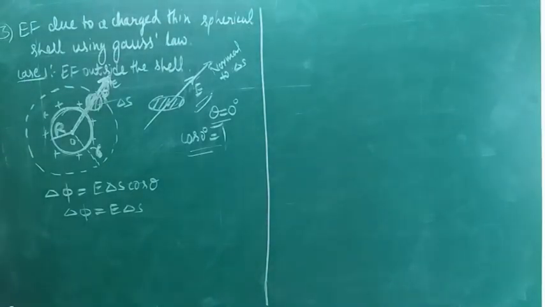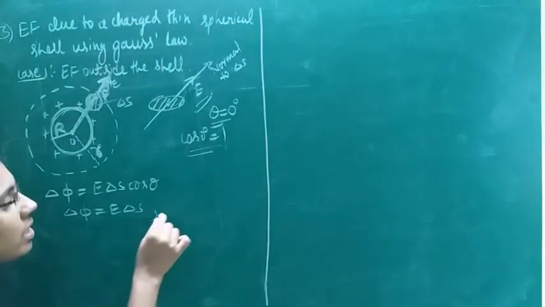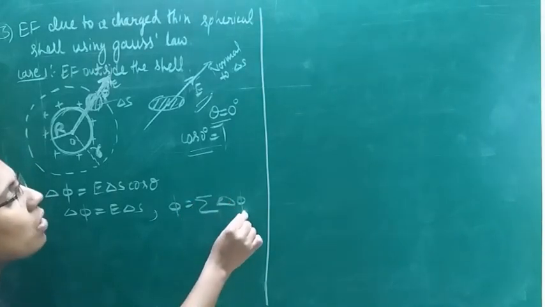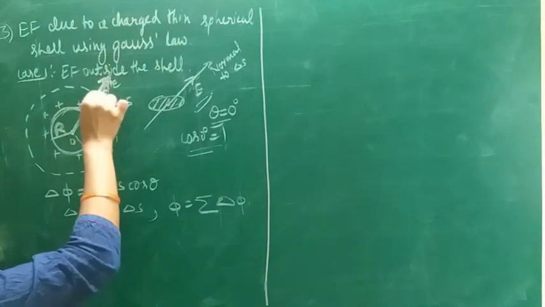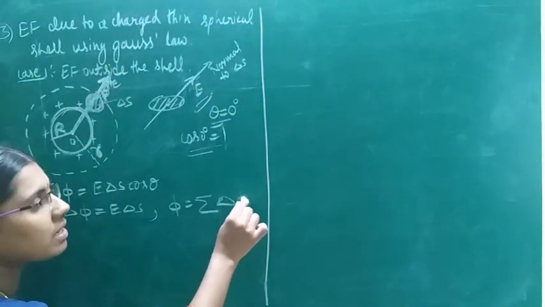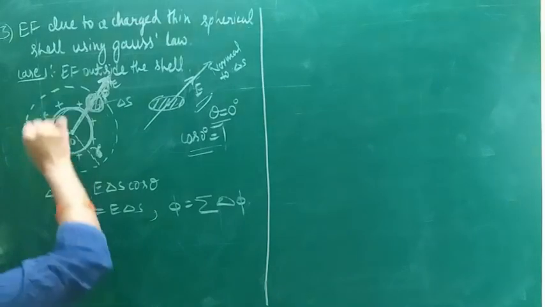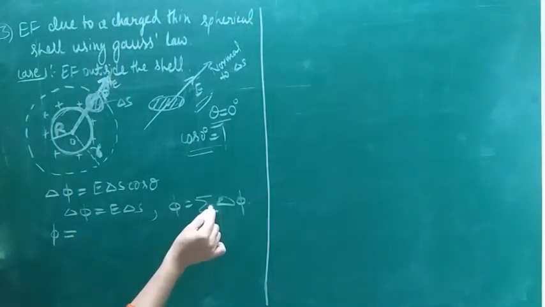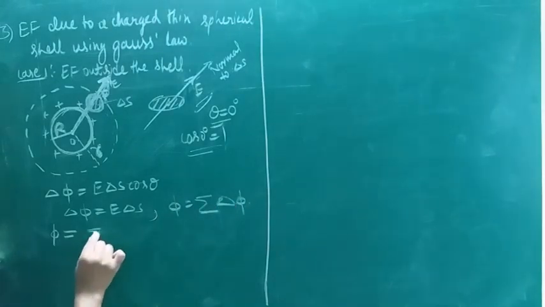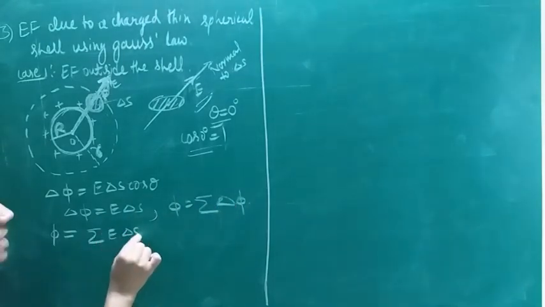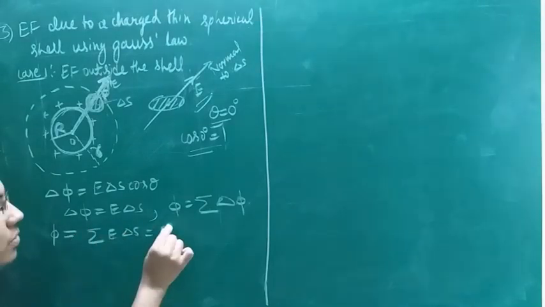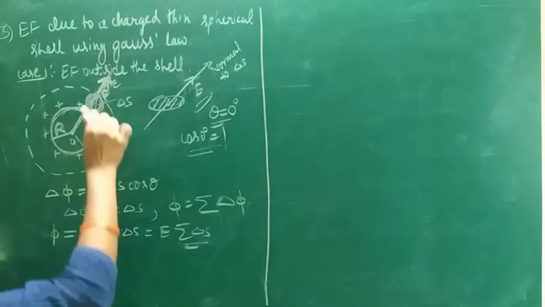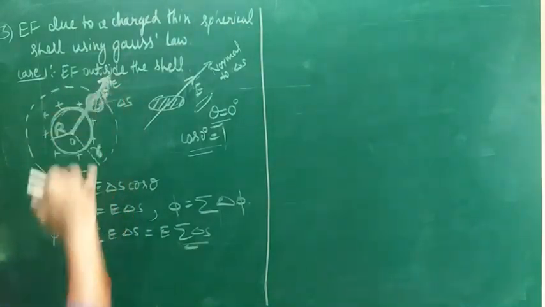In order to find out the total flux, the total flux phi is equal to the summation of the flux due to small elements. Here we have considered a small circular element. So total flux is the sum of all those elements on that surface. Therefore phi is equal to summation of delta phi, which becomes summation of E into delta S. Now take E outside, so E into summation of delta S. The sum of all the smaller area elements is equal to the total area of the spherical Gaussian surface.